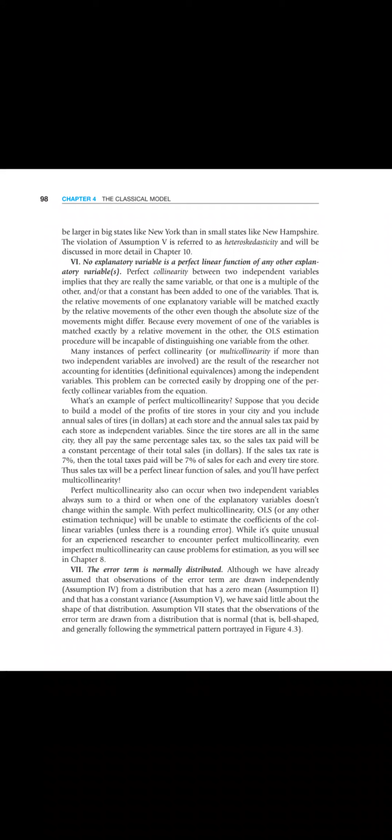Miles and kilometers are not the same in the real sense, they differ, but they basically measure the same thing. So there will be perfect collinearity between miles and kilometers. Every time your miles increase, your kilometers are going to increase by the same proportion.